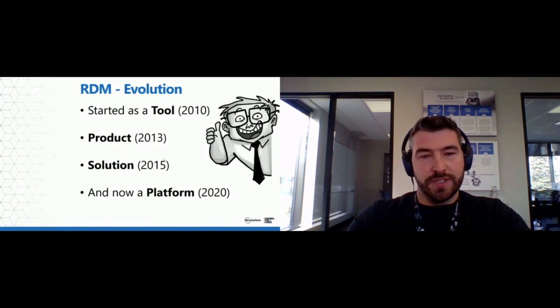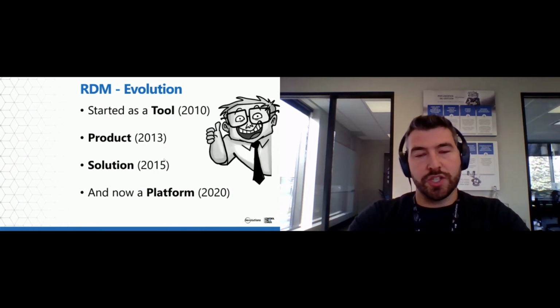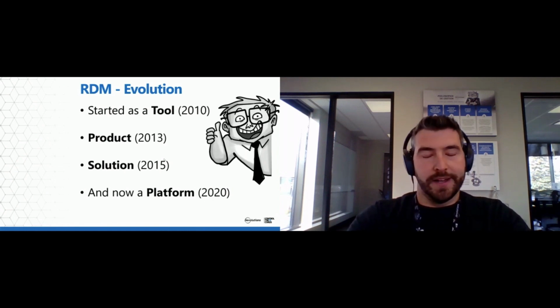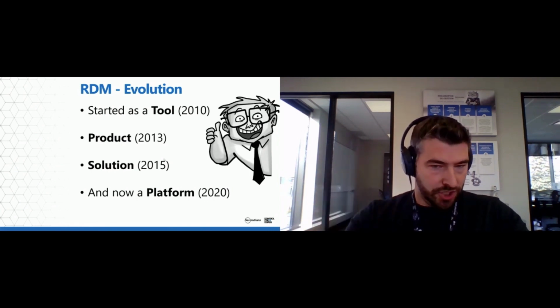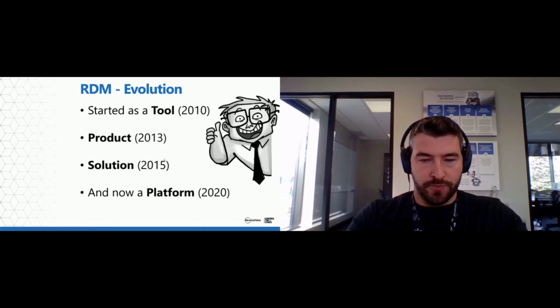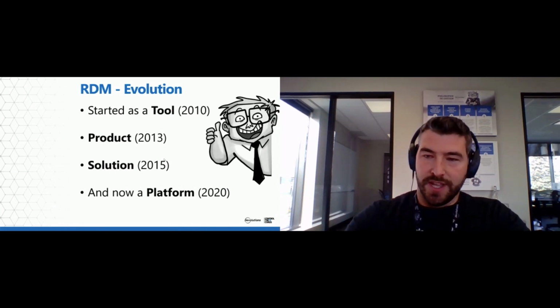So I used my knowledge in development to create a small product, which was a tool to access different machines. And that was the main goal. But this product has evolved and become a real product in 2013. And after that, it became a solution, and now it's a platform. That's what we will explore with my presentation.